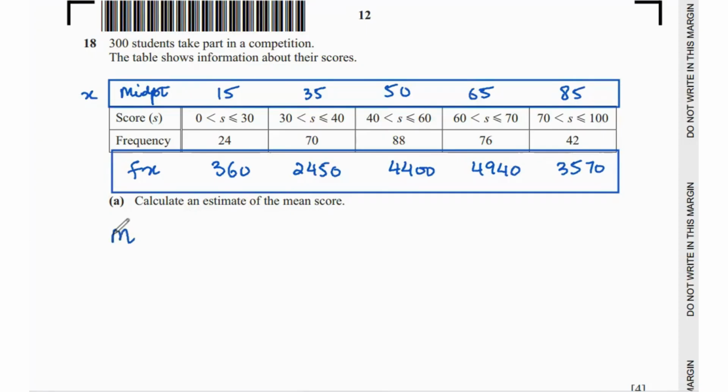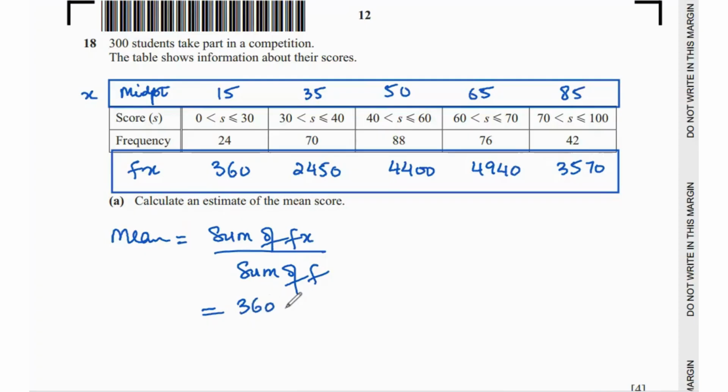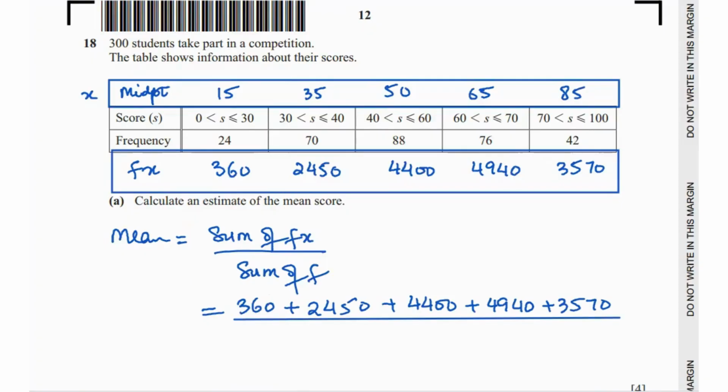So for the mean value, sum of fx divided by sum of f. So sum of fx is 360 plus 2450 plus 4400 plus 4940 plus 3570. All of this is going to be divided by the total frequency, which is 300. So that's going to give us 52.4. That is the estimate of the mean score.